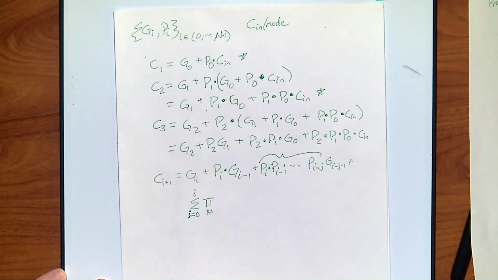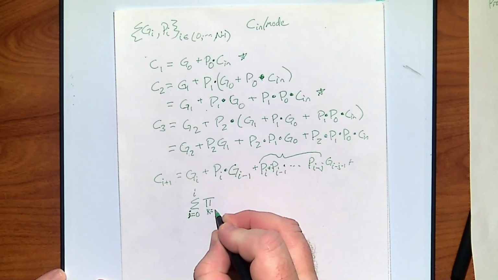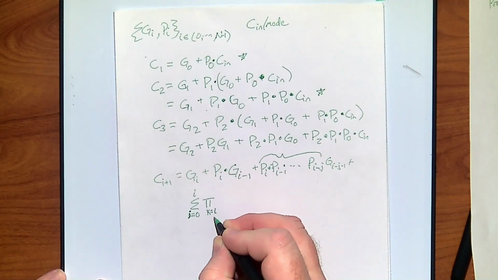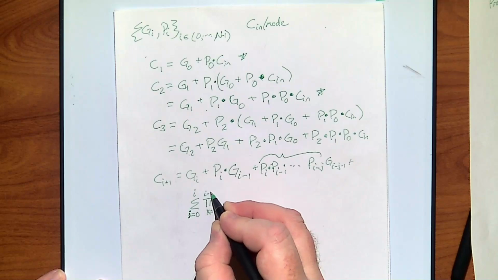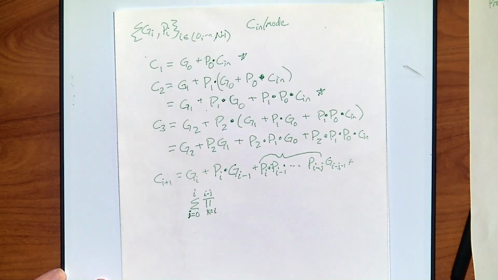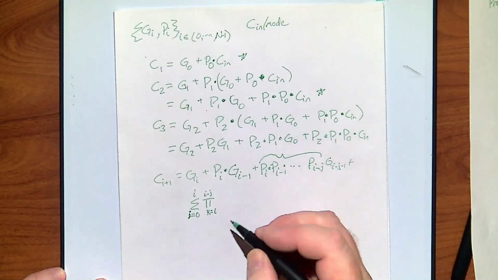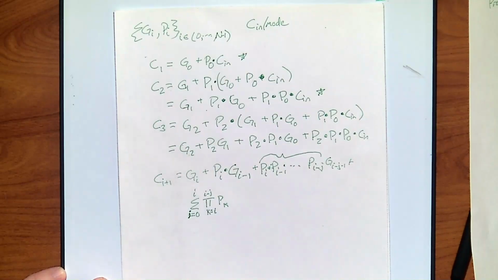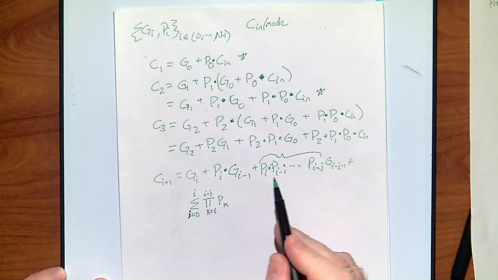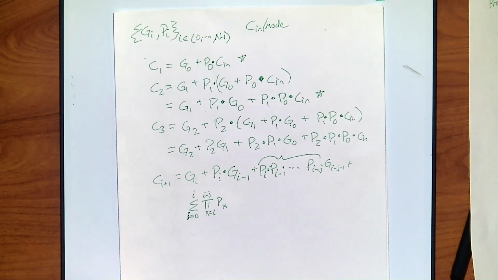It's going to run from my i all the way to i minus j. Does that make sense? And that is of these Pk's. So this will give me my series of P's.